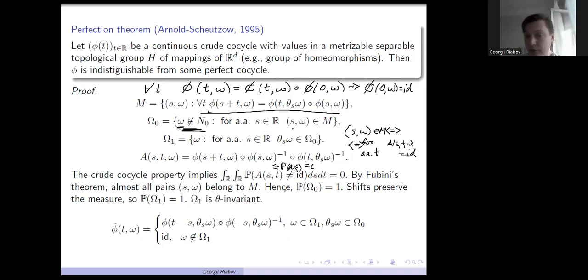And this is 0, so this probability is equal to 0 by the crude cocycle property.